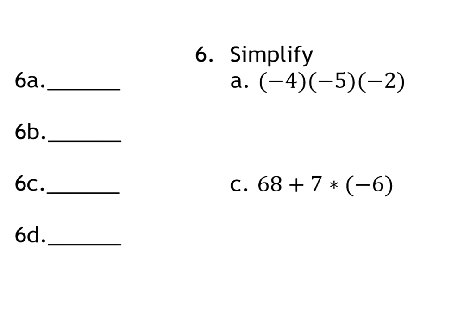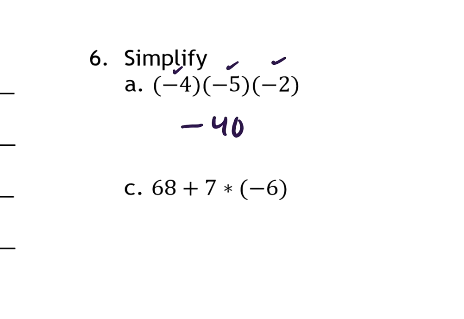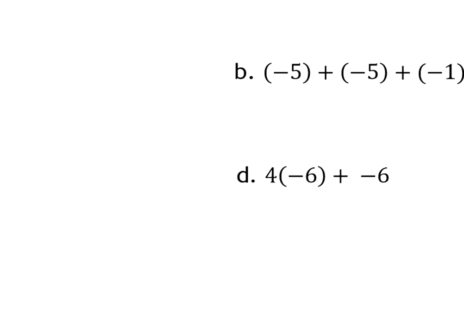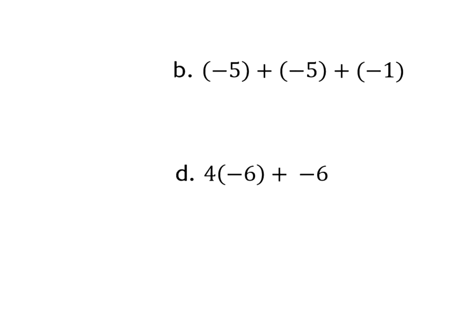When I look at A right off the bat, I know the answer is going to be negative because I'm multiplying a negative times a negative, which make a positive value, times another negative. And this is 20 times 2, so we're looking at negative 40. On B, we have a negative 5, another negative 5, and a negative 1, which is negative 11.